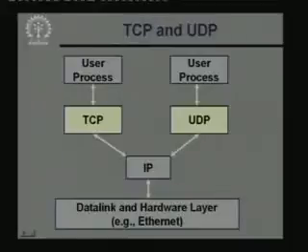Let us have another look at this diagram. So, here in today's lecture, we will be concentrating on this part of the hierarchy, the transport layer protocols TCP and UDP, where the user processes will be sitting on top of them and the IP protocol would be sitting below them. Okay. So, this is where TCP and UDP exist in the protocol hierarchy.